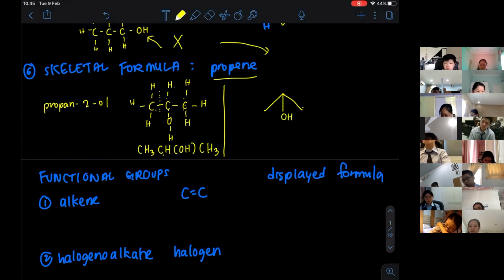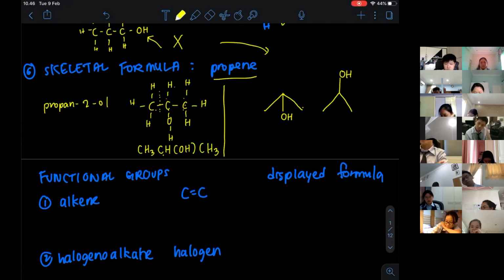This is when I said that not all the time the H will be hidden. Please take note, OH, you cannot hide the H. You need to mention OH. Or there is another way to write.